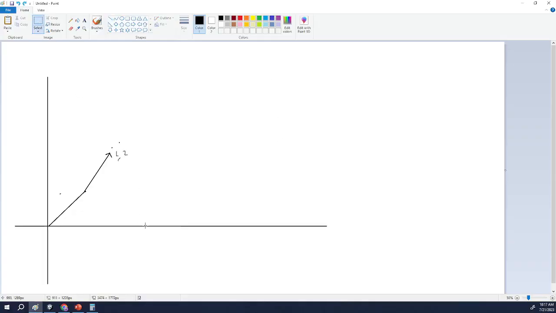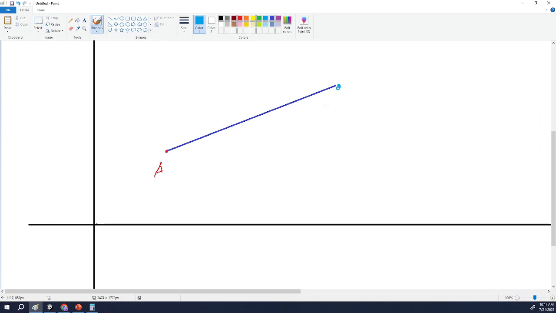If I have a vector A here and vector B right here, I can know the direction and the distance by simply subtracting these two. Given A and our B here, I can get our direction and our magnitude by simply subtracting these two vectors.